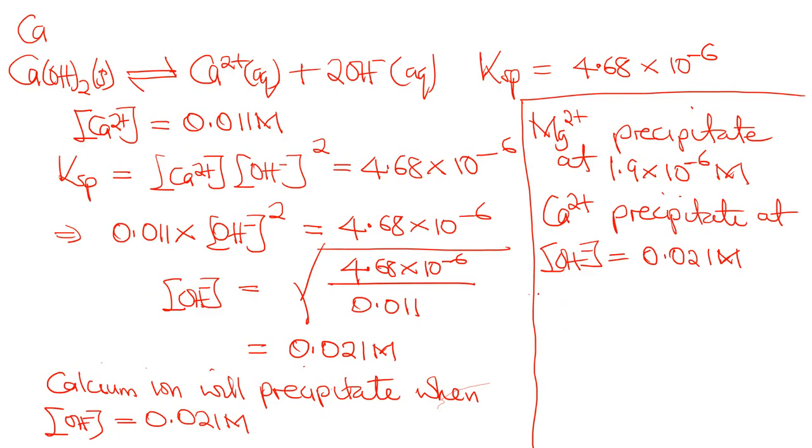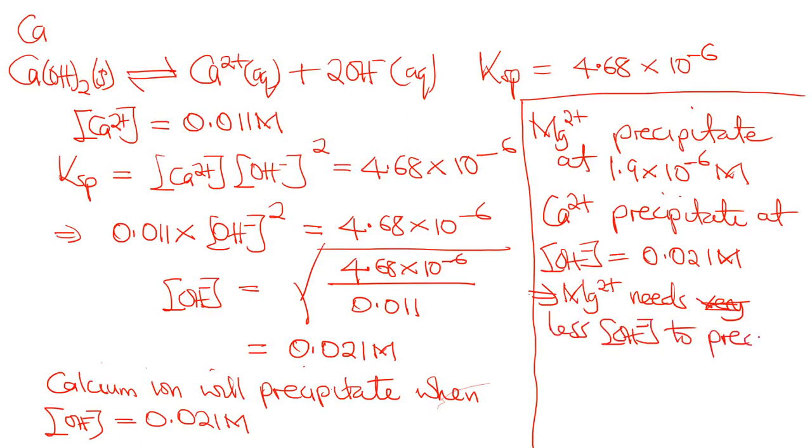So this implies magnesium needs less OH to precipitate than calcium needs.